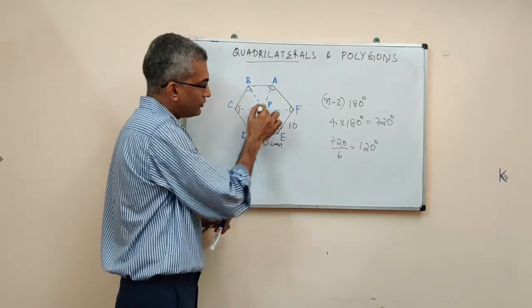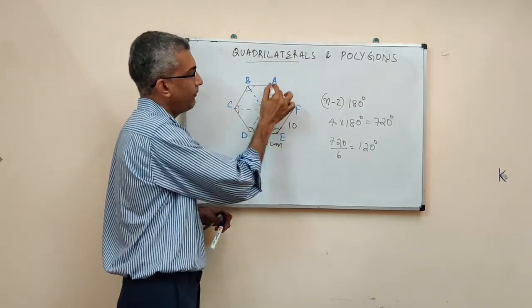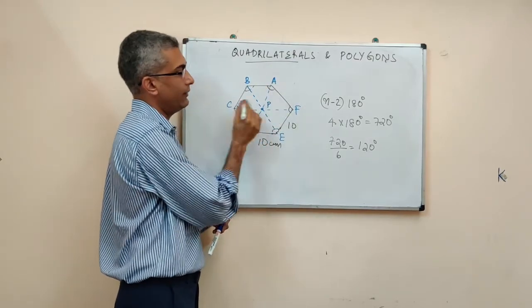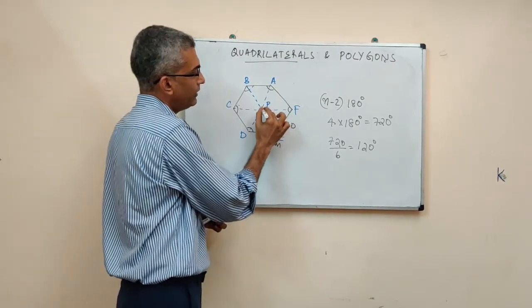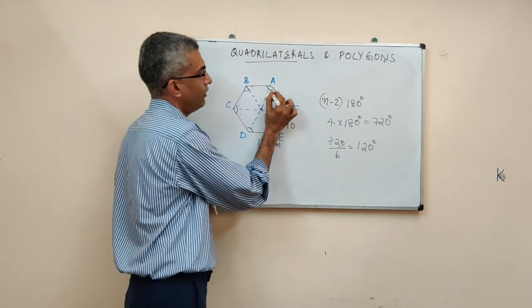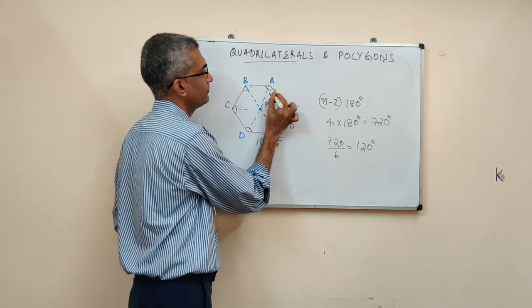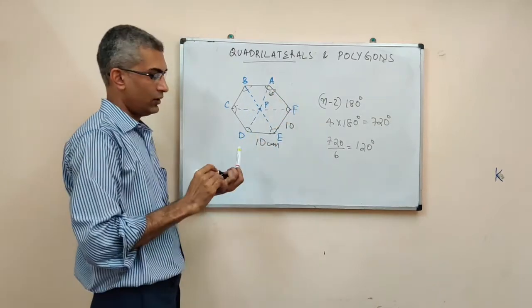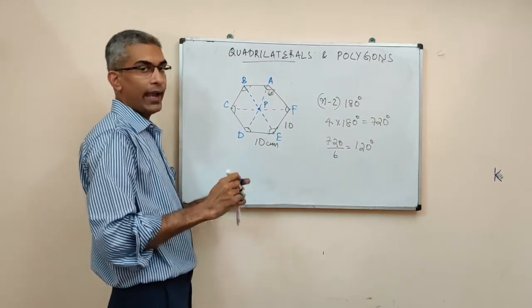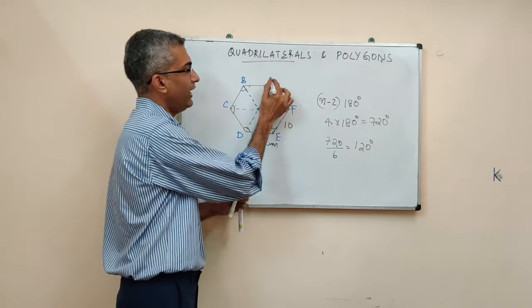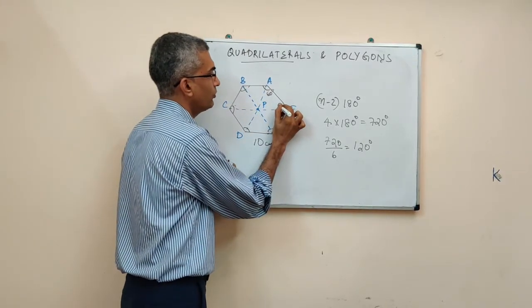And this diagonal AD bisects the angle A. That means the angle PAF will be 60 degrees. Similarly, angle PFA will also be 60 degrees.